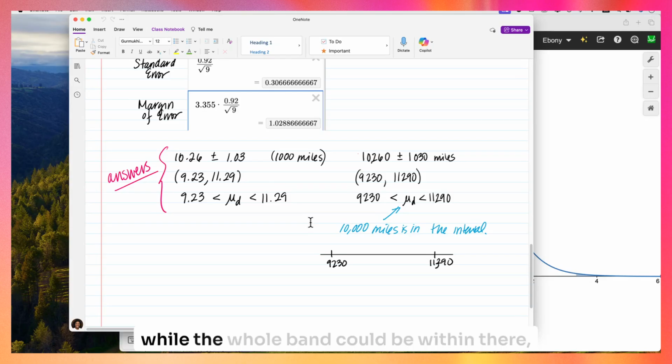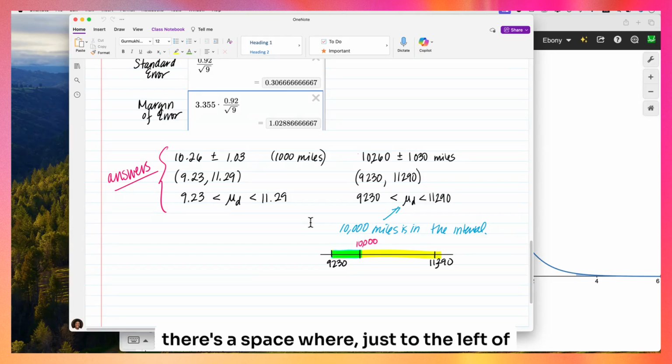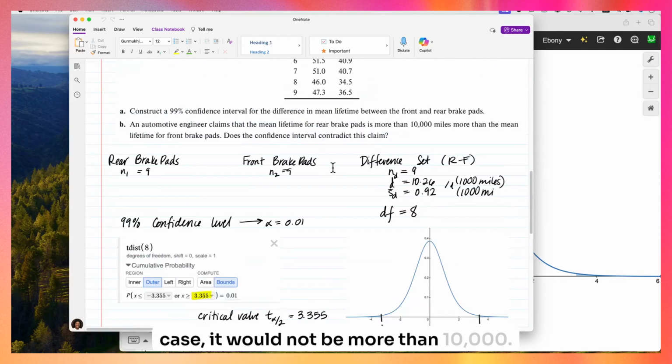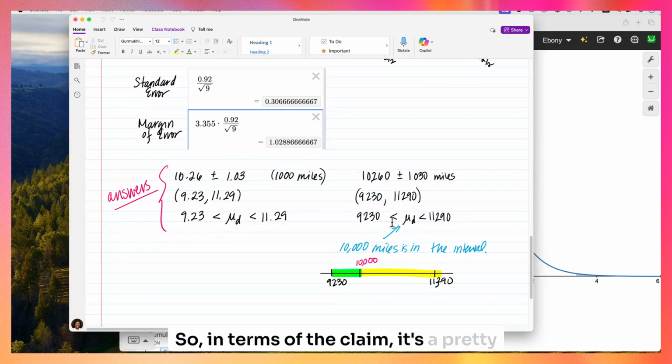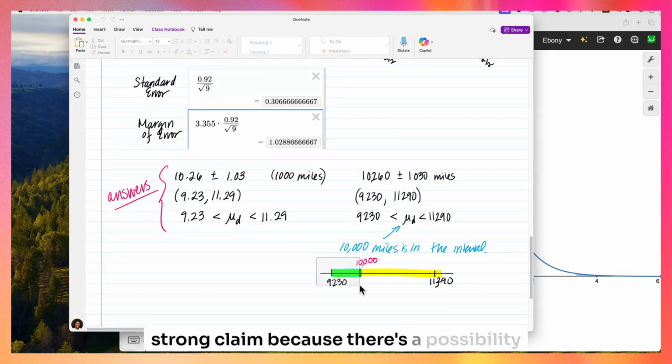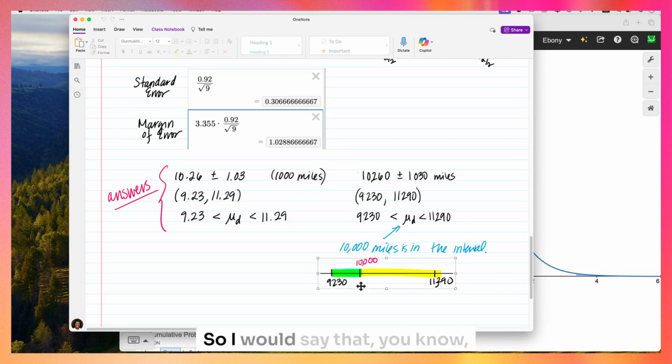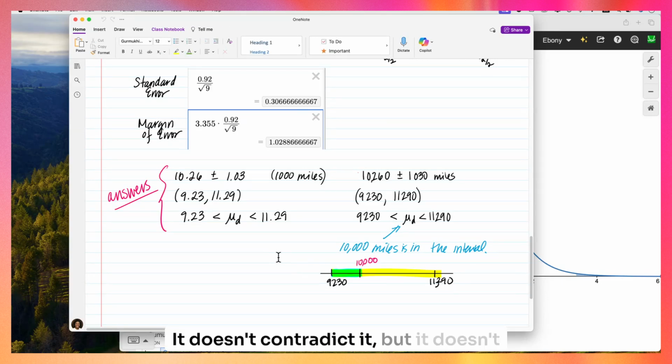While the whole band can be within there, there's a space just to the left of 10,000 where we could fall, and in that case, it would not be more than 10,000. So in terms of the claim, it's a pretty strong claim because there's a possibility that we could be less than 10,000. So I would say that it doesn't contradict it, but it doesn't wholly support it.